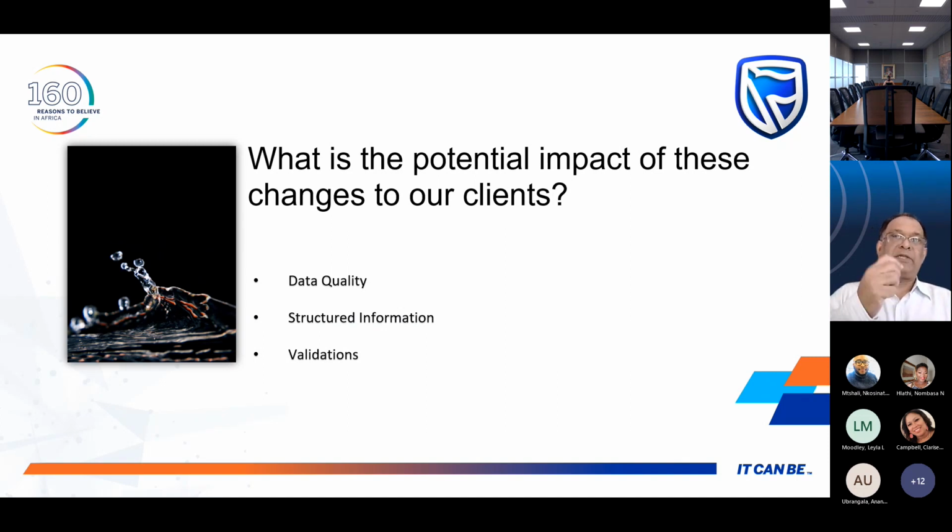If we saw information being passed between financial institutions that was not of the right quality, not populated, or not structured correctly, or if we could see a lack of validation because of manual capturing, we held each other accountable. That has been running since the 19th of September.